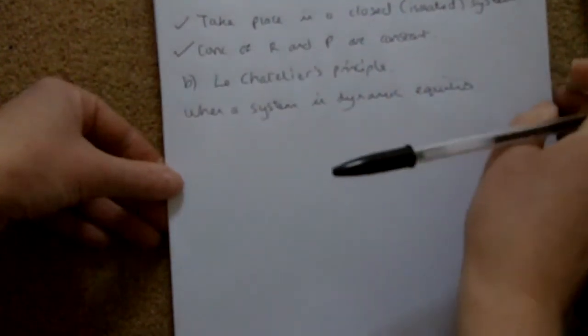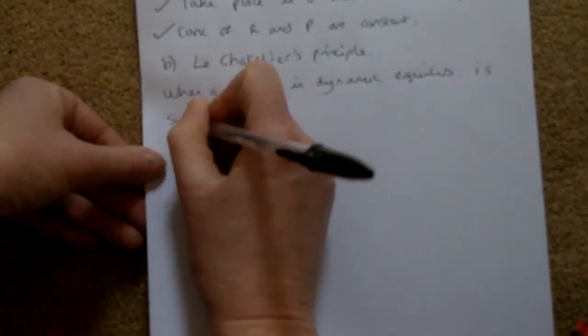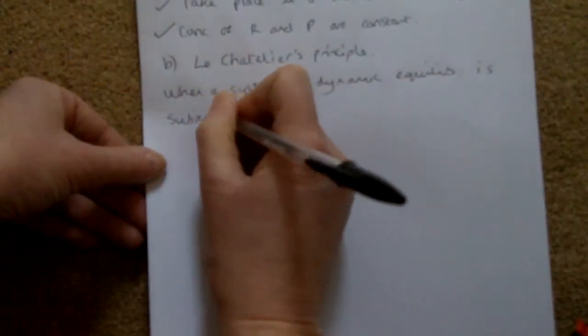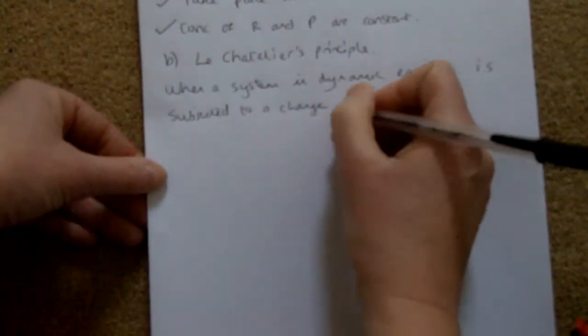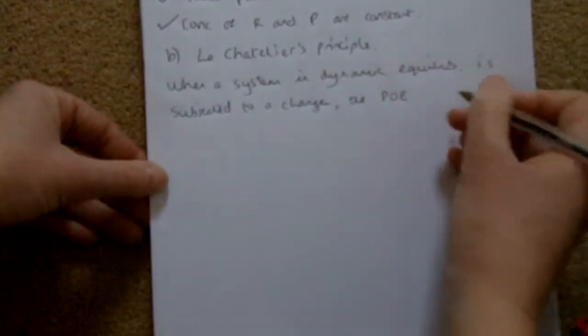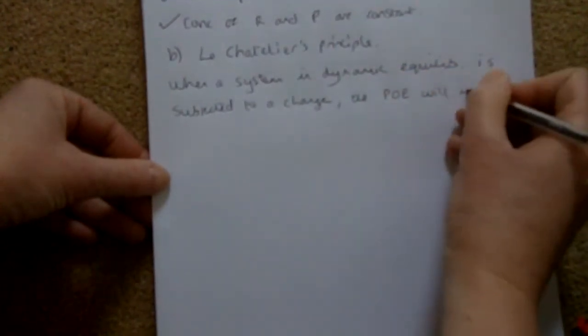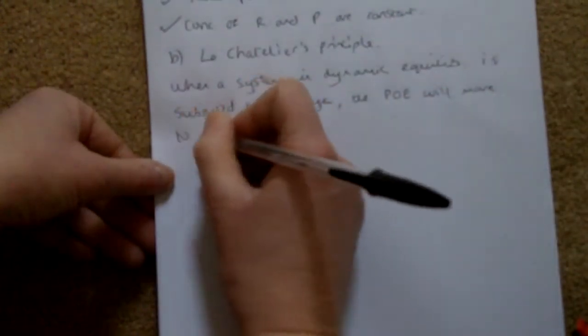When a system in dynamic equilibrium is subjected to a change, the position of equilibrium, I'm just going to put POE, will move to minimize the change.